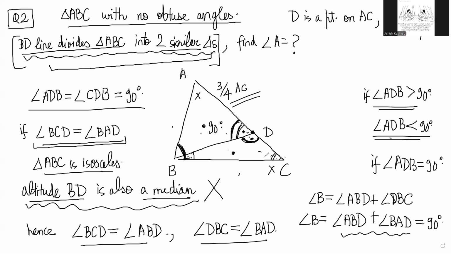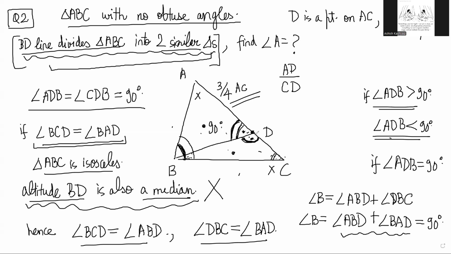Okay. So if I look at AD by CD, the ratio of the similar triangles, AD in this, which is opposite to this part, ABD, and CD in this, which is opposite to DBC.